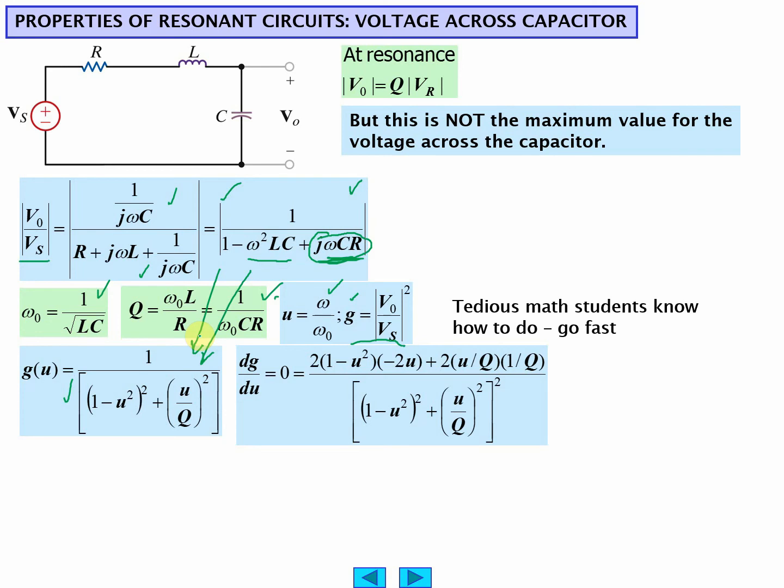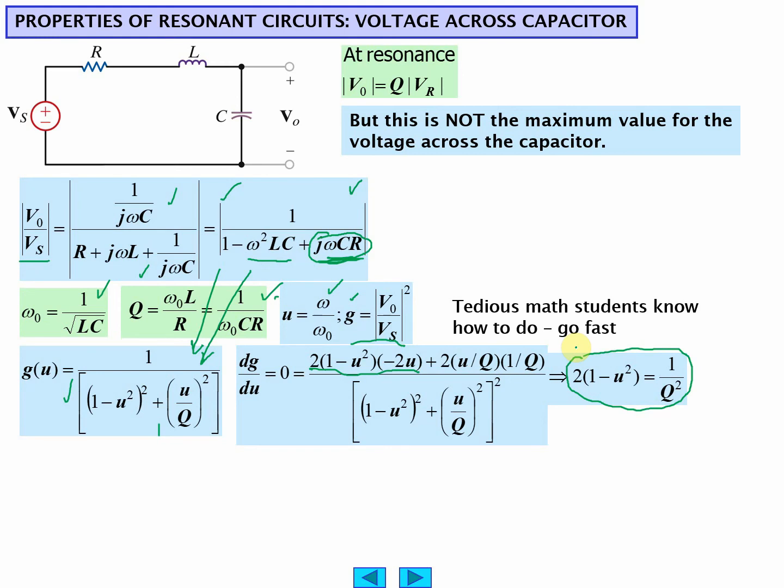Now, then we differentiate. Derivative of 1 minus u squared is here. Derivative of u over Q, squared. Derivative with respect to u only is given by this. We set it equal to 0, so we solve the equation. And we get this. It simplifies to this equation.